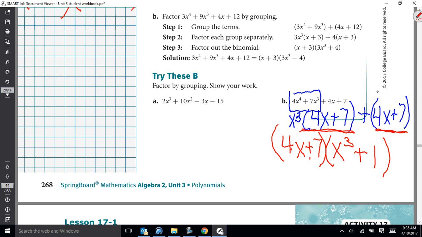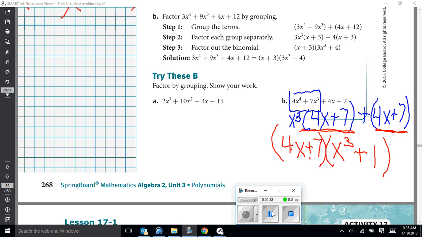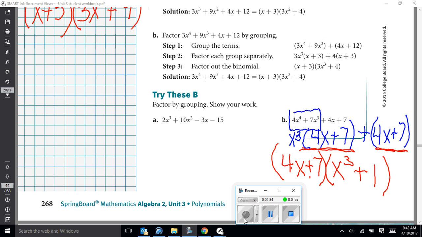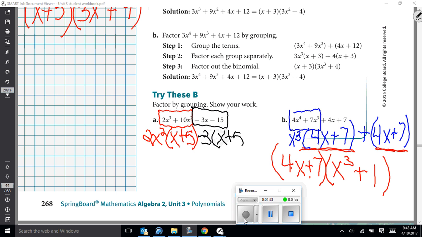All right, so you guys ready to try one? I'd like for you to try A, please. Looking at our first two, 2x squared. When we take out 2x squared, our first term we're left with x plus 5. Then we want the same thing from our second set of terms: negative 3 and we got x plus 5.